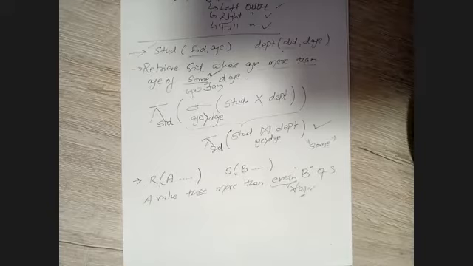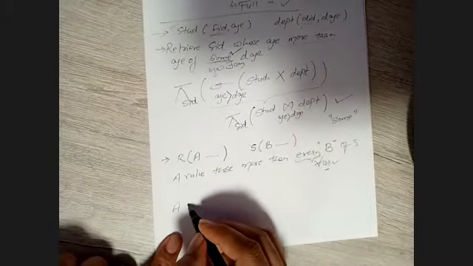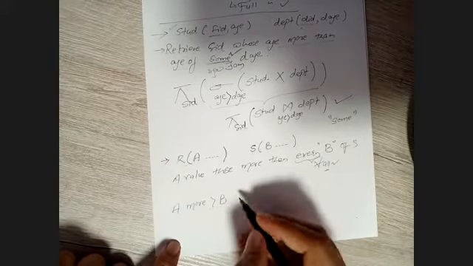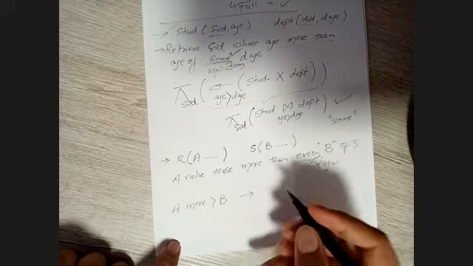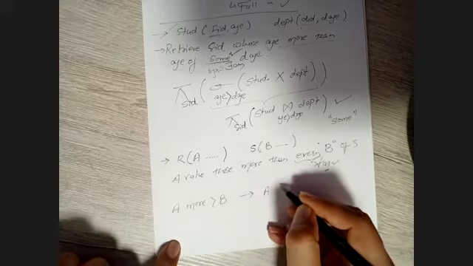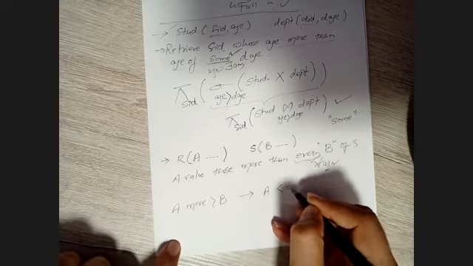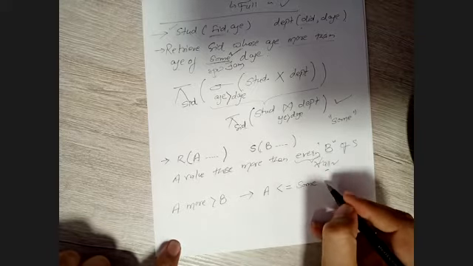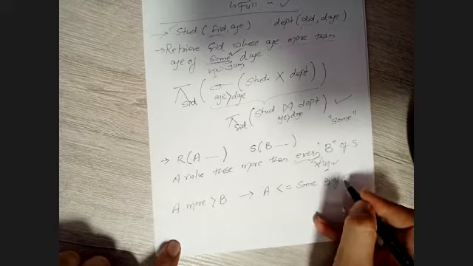This is what we have to do. So if I am saying A value is more than every B value, what will be the complement? The complement will be A values less than or equal to some B value of S. So every is being converted to some.